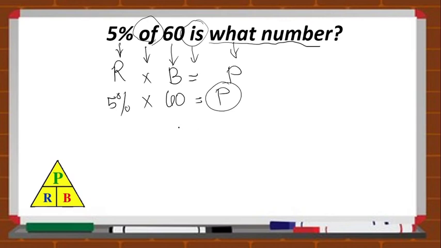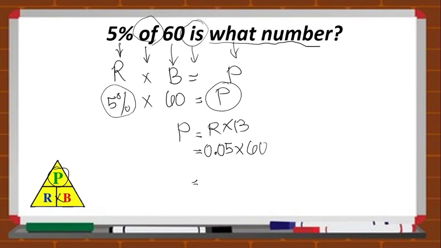Since P is missing, the formula will be P equals R times B. Then give the values. So 5%, expressed in decimal form, is 0.05, times the base, 60.